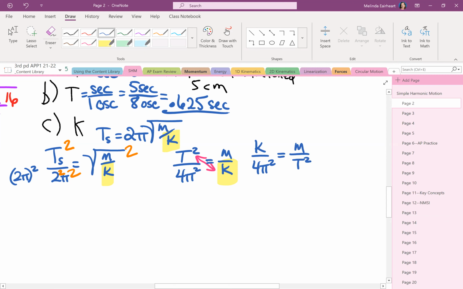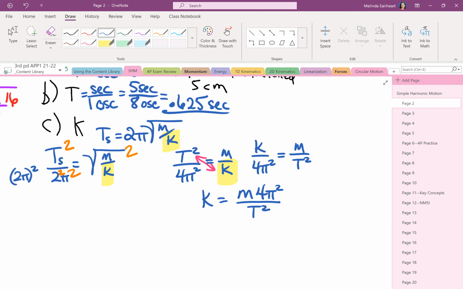And then multiply both sides by that 4 pi squared. So k equals m 4 pi squared over t squared. Yes. So if it was in variable form, this is the answer.